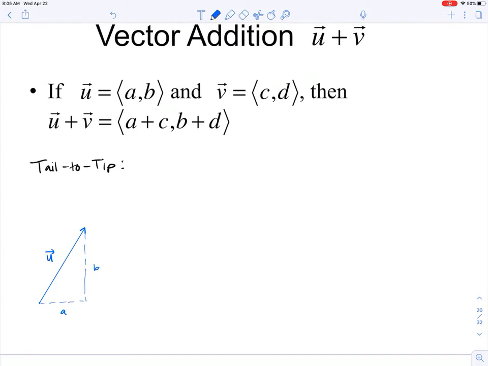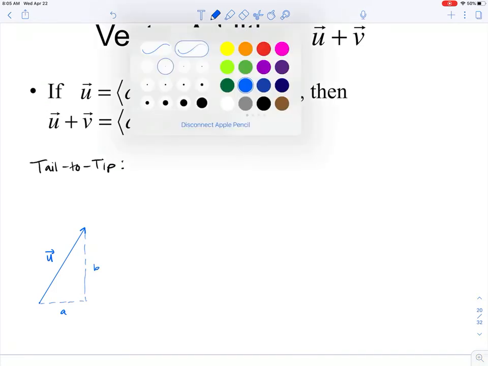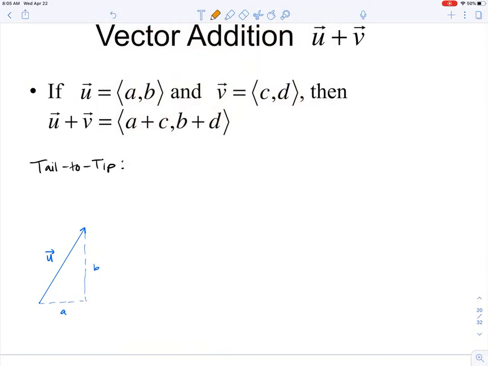Vector u has horizontal component A and vertical component B. And vector v, let's make vector v like that.